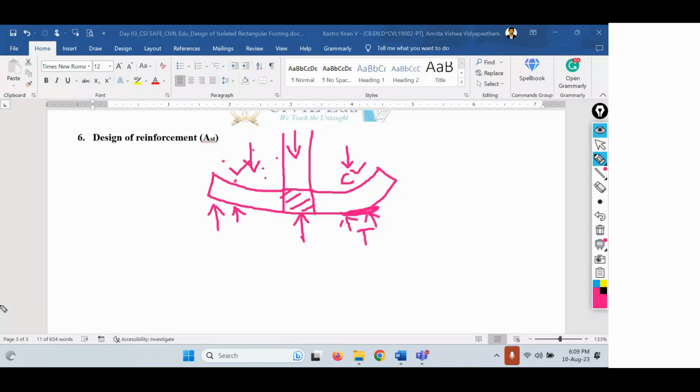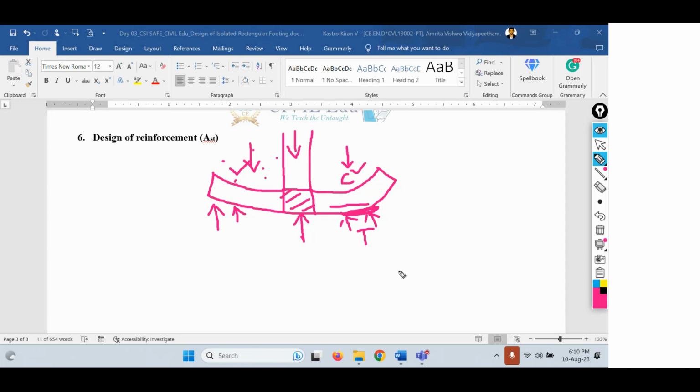That's our rule. So now, when we design the reinforcement for a footing, it is mandatory to identify what reinforcement we have to provide in the tension zone.